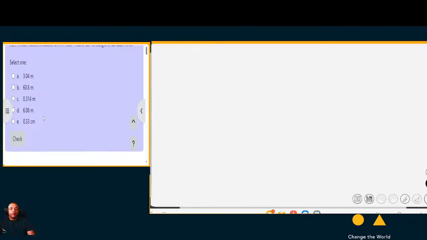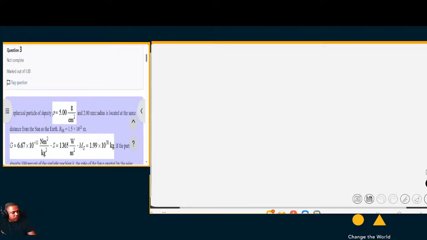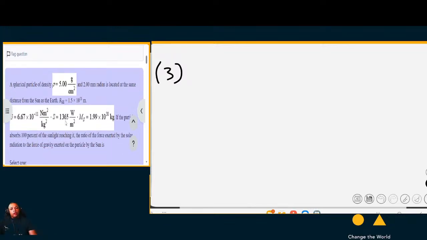Okay, now question number 3. Let's look at what question number 3 requires of us. What does question 3 want? Okay, first of all, it says a spherical particle. This is the one where I have a problem.